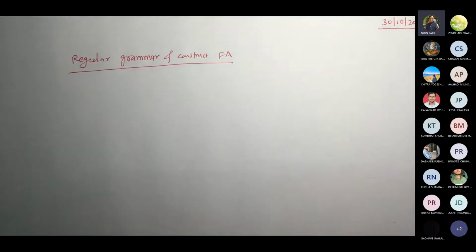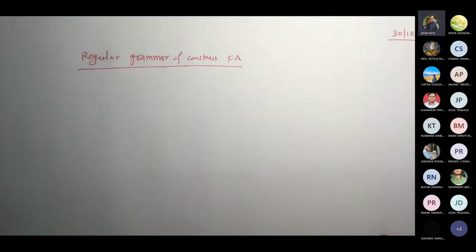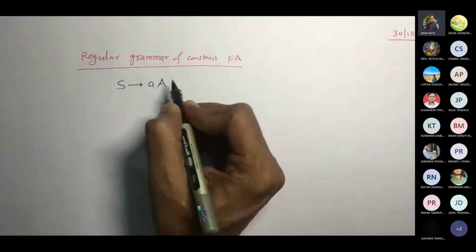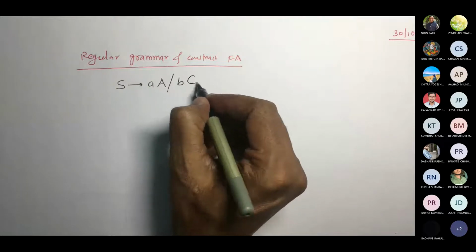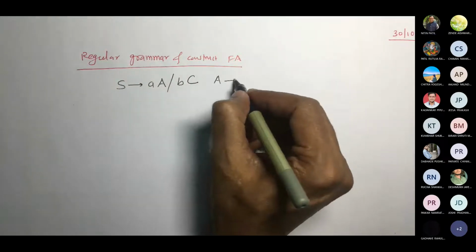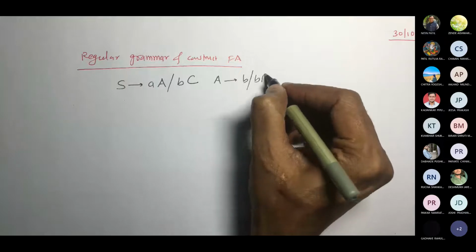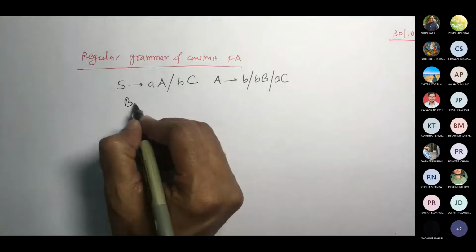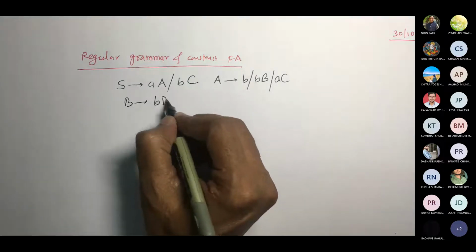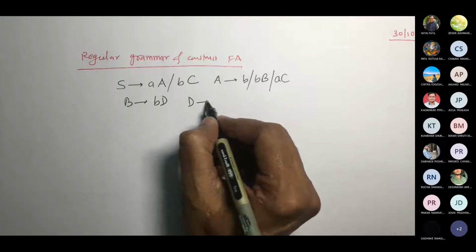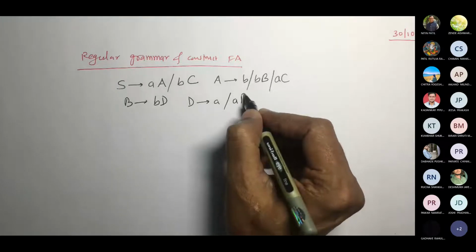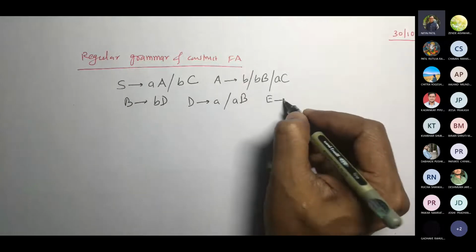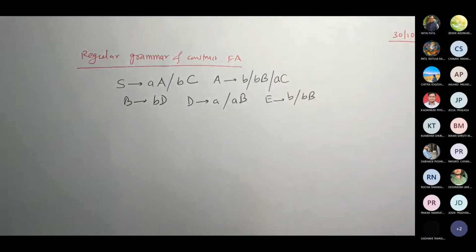So let us take the grammar. I will write the grammar as: S gives AA, BC; A gives B, BB, AC; B gives BD; D gives A, AB; and E gives BB.